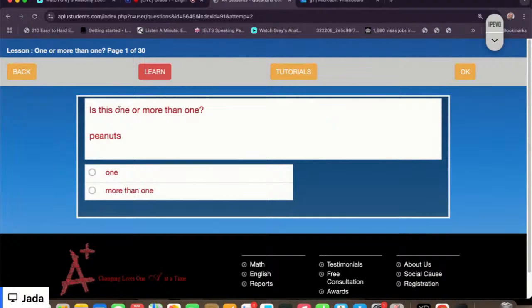Is this one or more than one peanut? Peanut, what will it be? One or more than one? Can you tell me on the chat?